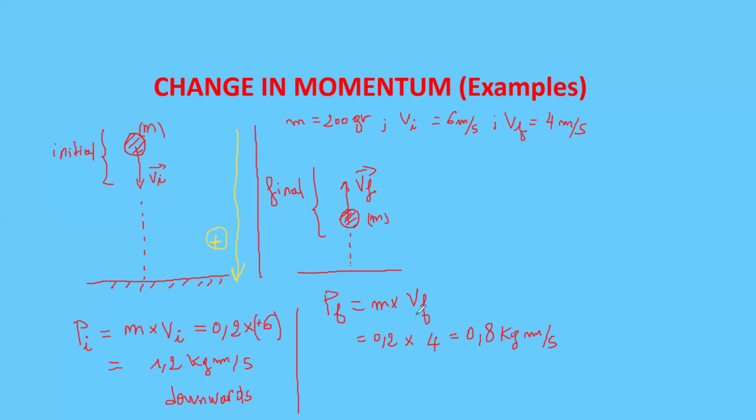But here, the velocity is directed upwards. However, my selected direction is downwards, so I have to add a minus. So minus 4, and the result is minus 0.8 kilogram meter per second. It's negative. Or I can also write pf as 0.8 kilogram meter per second, but I have to add upwards.